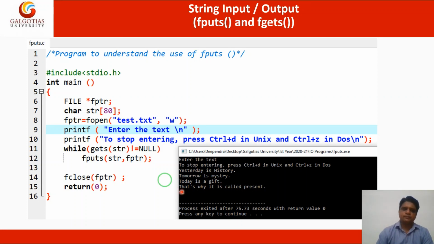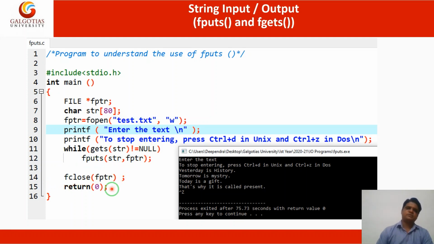Once we have entered it, then whatever string you have entered will be written into the file fptr. fptr will point to test.txt, so all the data will be written into test.txt, and at last we will close this file.